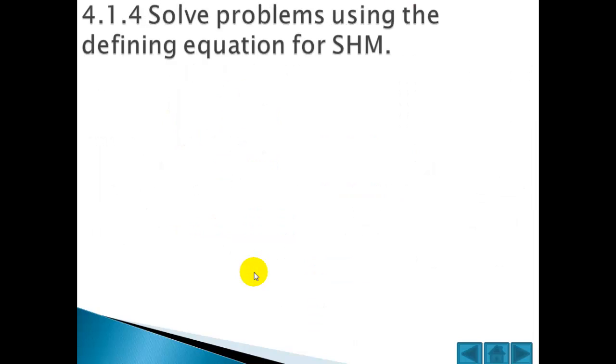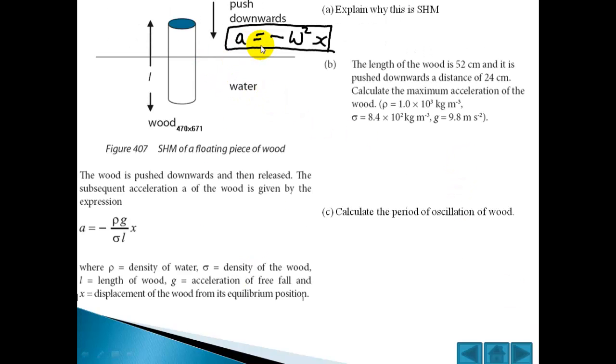You have to solve problems using the defining equation for simple harmonic motion. This is the kind of problem that you could get. You have a wooden block which is oscillating in the water, and it is exhibiting simple harmonic motion. We know that for simple harmonic motion, a is equal to minus omega squared x. And the question is, is this exhibiting simple harmonic motion? Is there a negative sign there? Yes. Is it proportional to x?